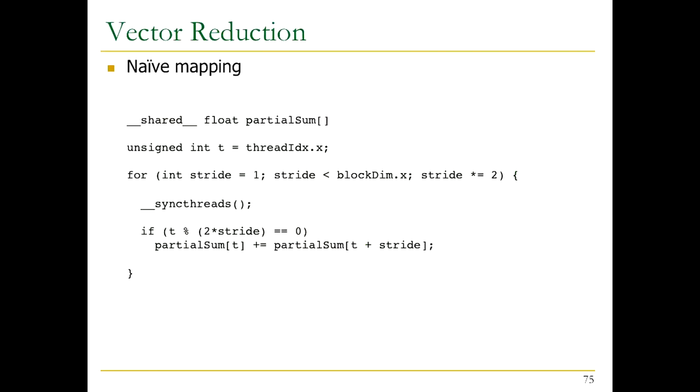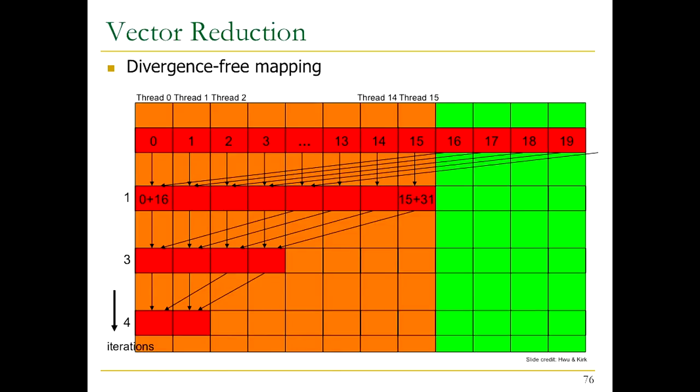So one way to do exactly the same thing, but in a more efficient way, is something like this. Keep in mind that this is vector reduction, and if we are performing an addition, it's not important the order in which these additions are performed, right? So we could have a mapping like this.